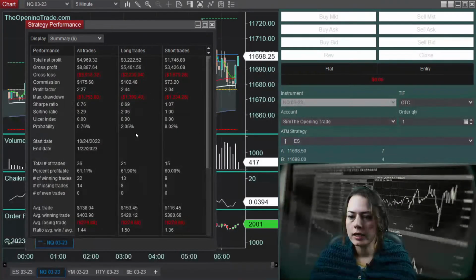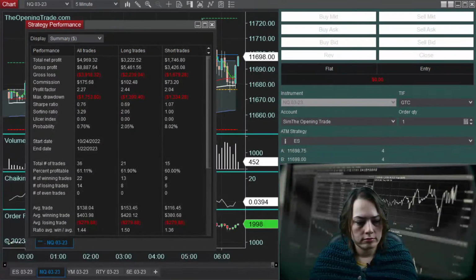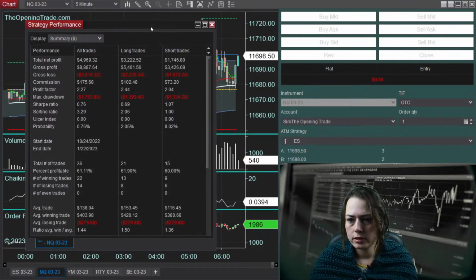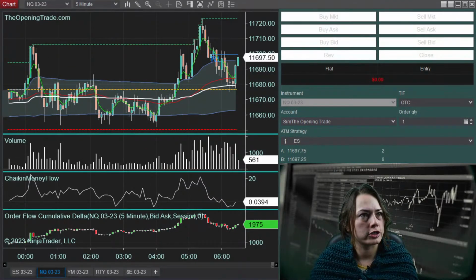Actually, these need to be refreshed, so let me close them and repull them.